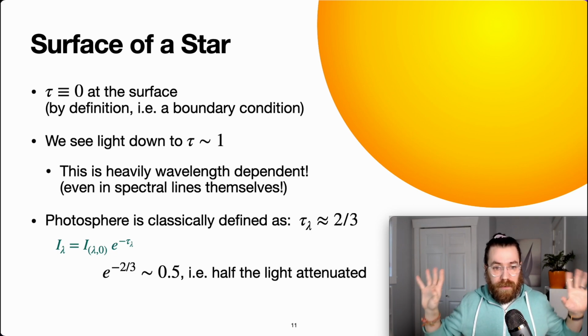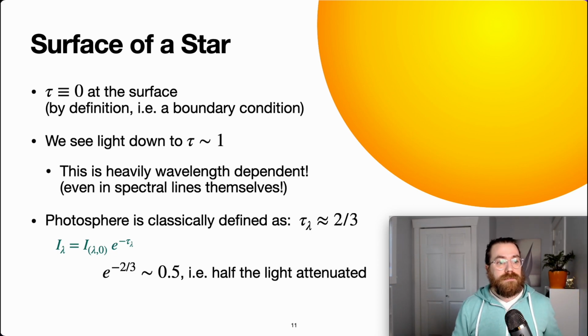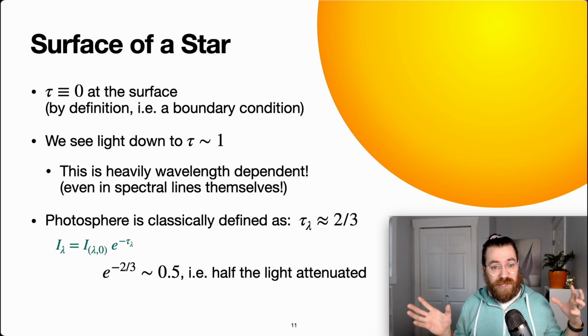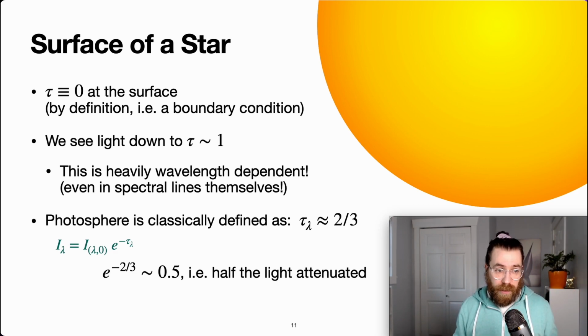As the observer, you're in the optical depth 0 range. And we can see light that reaches down to about optical depth of 1. So like 1 typical path length through the star. This is heavily wavelength dependent. That's why spectral lines are a thing, because those ones block a lot of light at those very specific wavelengths.